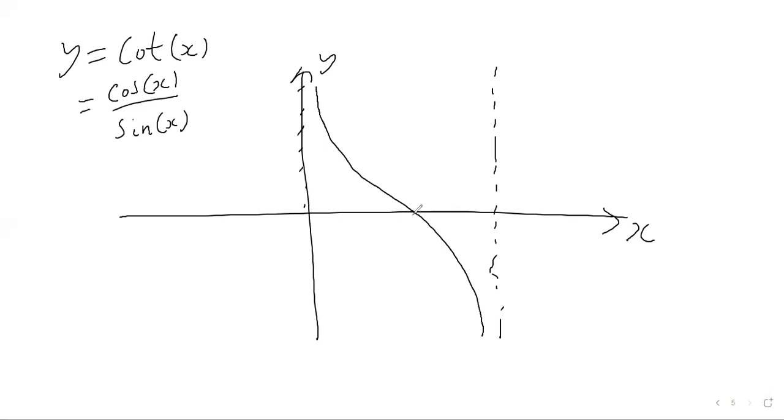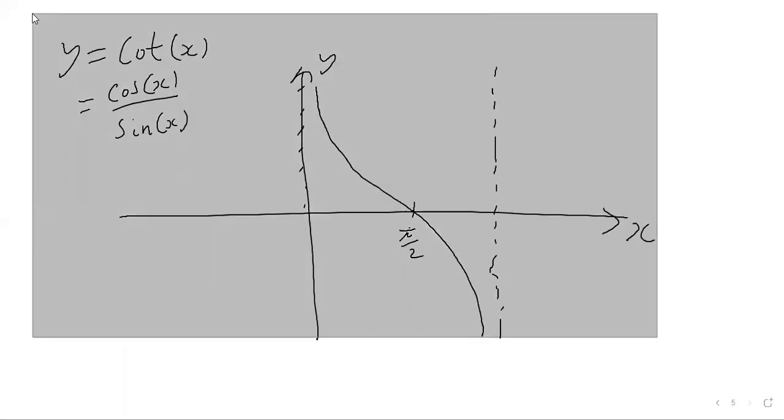We can see a point of intersection at pi over 2, since cos of pi over 2 is 0 and sine of pi over 2 is 1, and 0 divided by 1 is 0. And as x tends to pi, sine pi is 0, so a value divided by 0 is undefined. So that's what the cot function looks like.